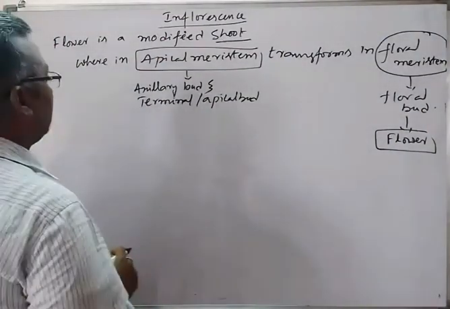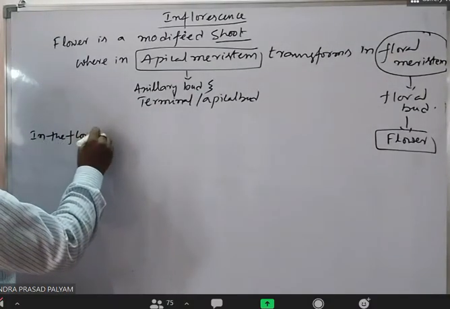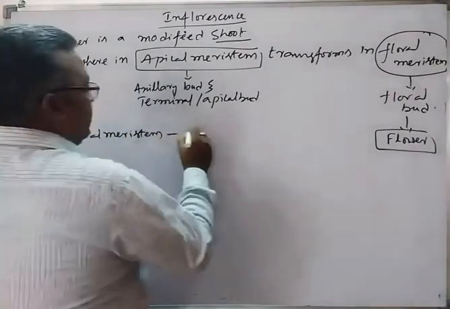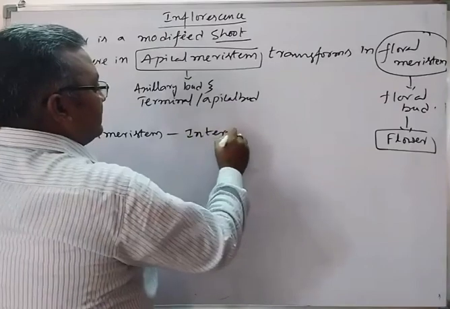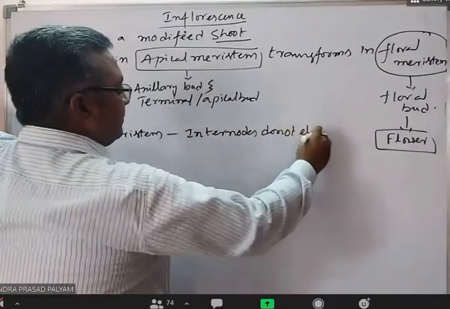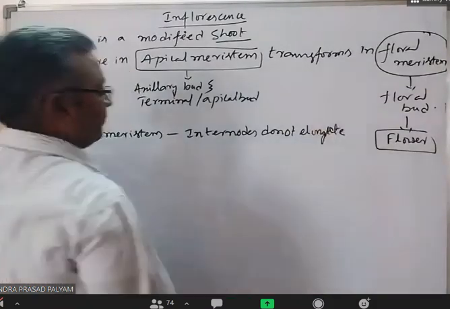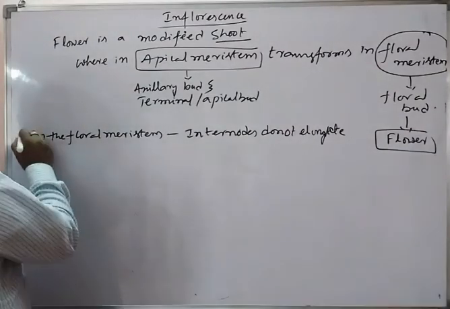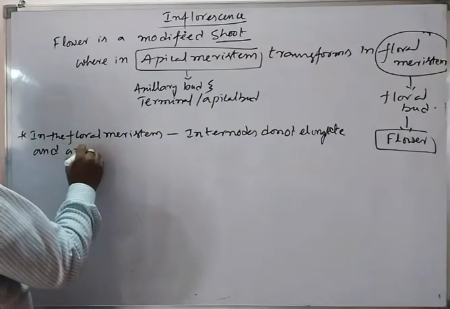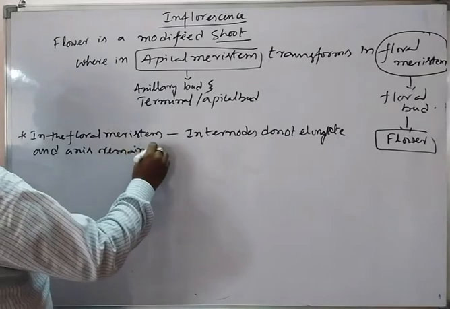In the floral meristem, internodes do not elongate. And axis remains condensed.